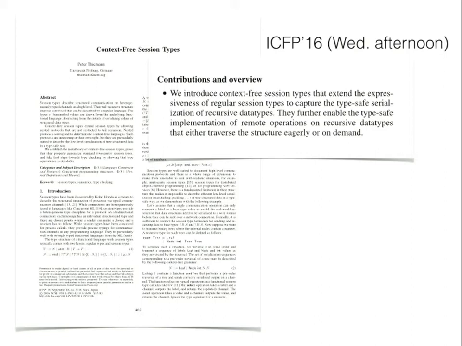Okay, so in that sentence, there's really a claim hidden. They introduce a new type system, and they're making a claim that it supports the operation of serialization of recursive data types that's type safe.